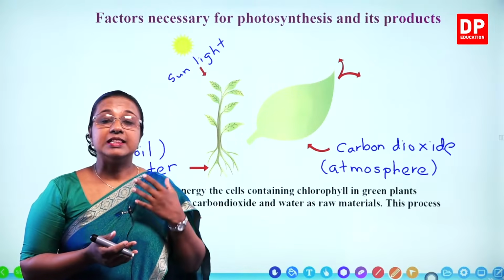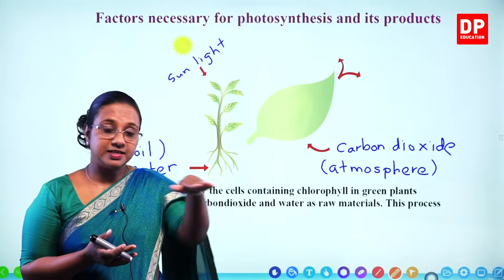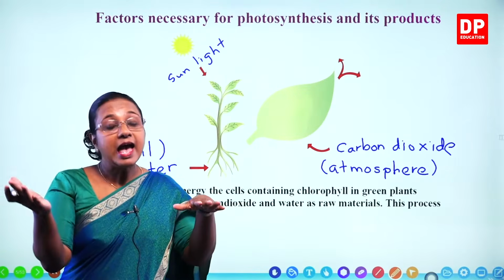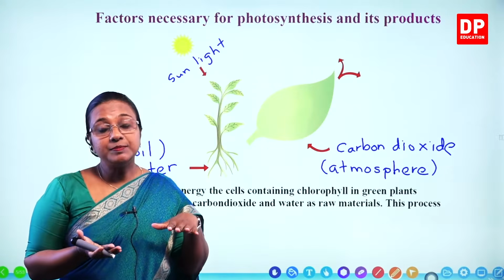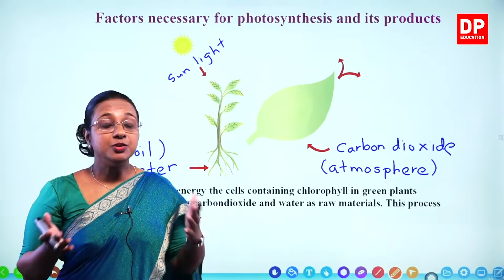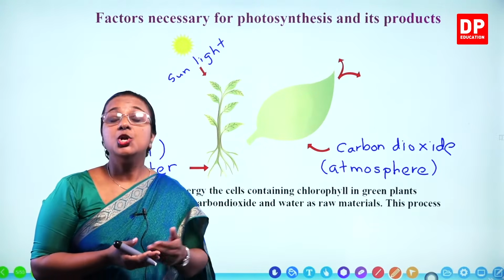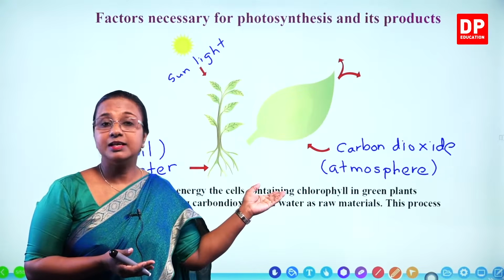And normally there is stomata present on the upper epidermis, that is the top surface of the leaf, as well as the bottom layer, that is the lower epidermis of the leaf. And usually there are more stomata in the lower epidermis of the leaf.